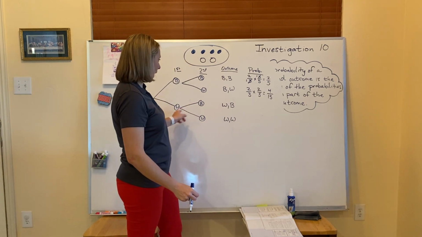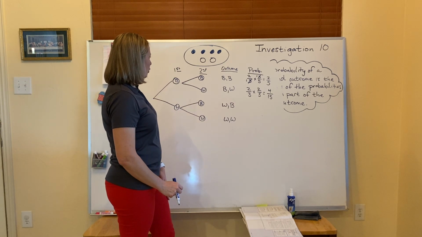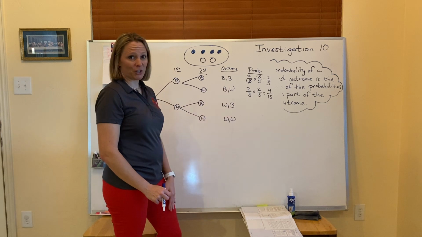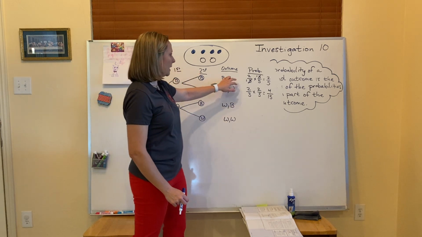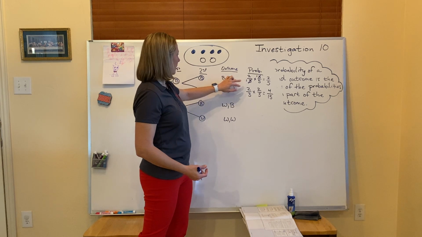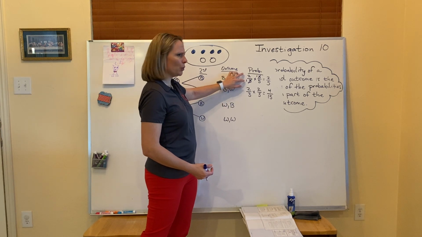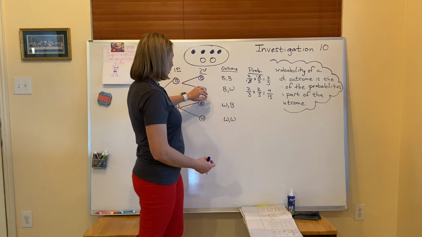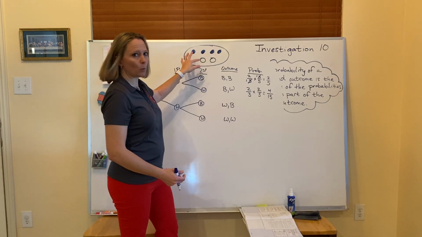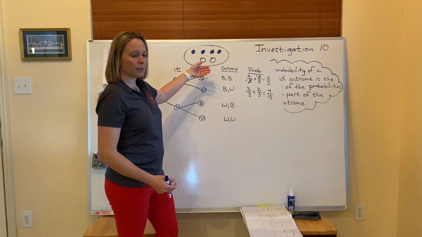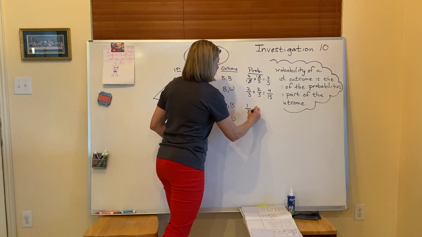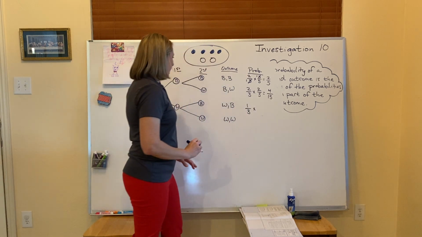Okay, let's go on to white-blue. So what's our probability of drawing a white first? Well, it would be the opposite of drawing a blue, right? We could say 1 minus 2/3 is 1/3, or we could say, well, there are 2 out of 6 that are white. 2/6 reduces to 1/3. Either way, it comes up with the same answer. Times blue.